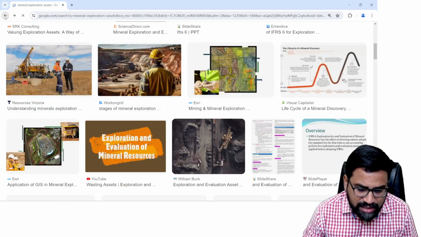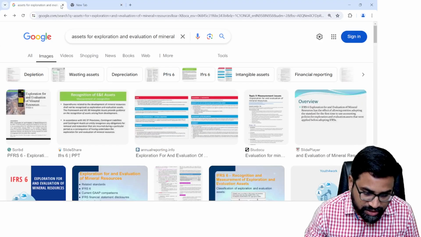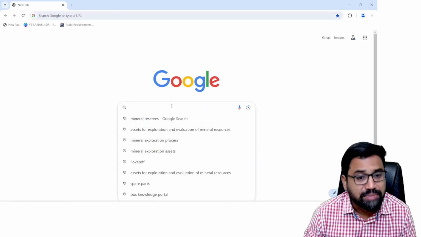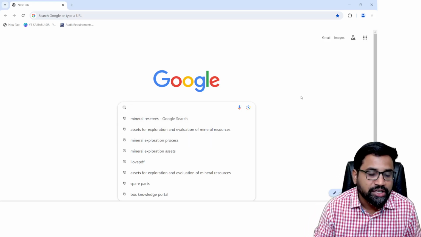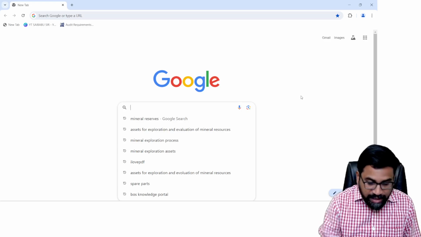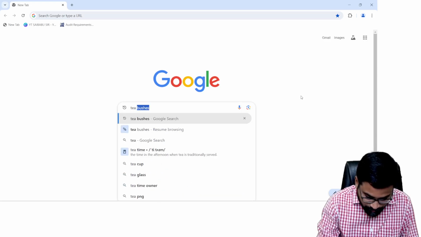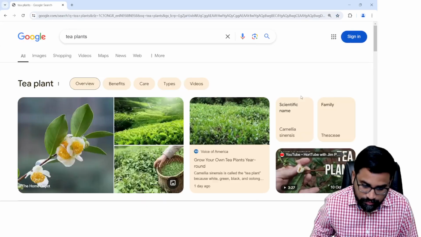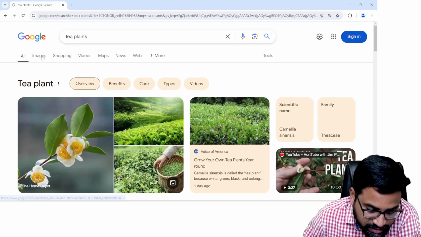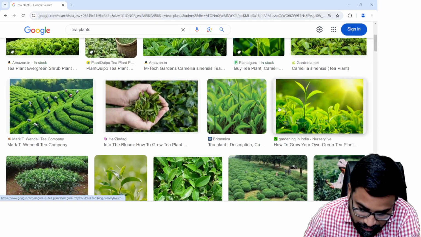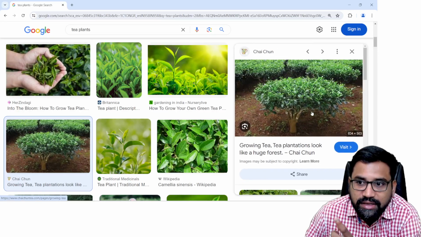Okay, so I will show you. A lot of examples are there for bearer plants, sir. I will show you some of them. For example, mango tree, coconut tree, or maybe tea plants. See this tea plant, it is definitely what, sir?